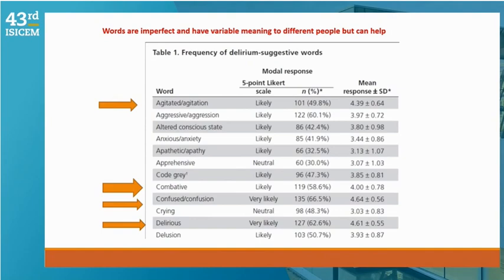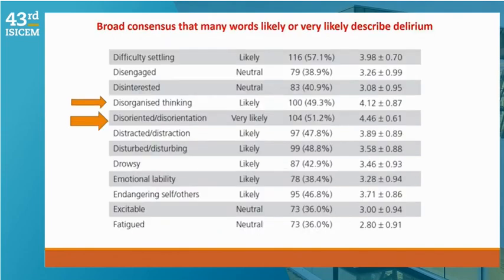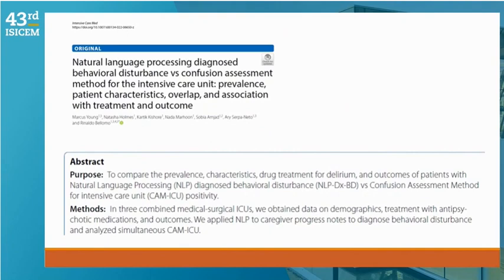So we gave them a mixture of words that have got some semblance with another that might describe people in a particular physiological or mental state. And you can see there are some words like agitated and agitation that are very different from apprehensive when you ask people whether they will connect one word or another with delirium. So there are words that have got greater face validity in terms of linking themselves to the concept of delirium.